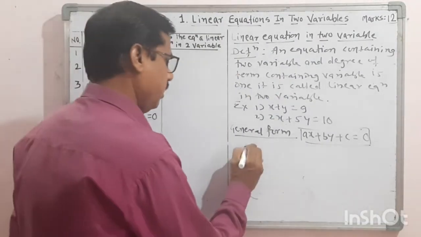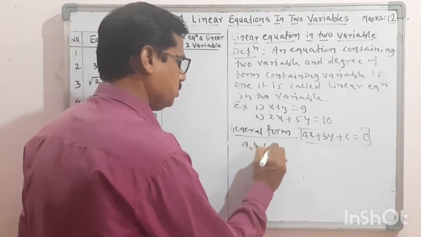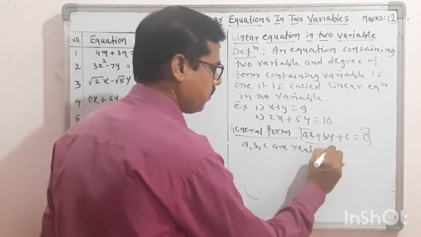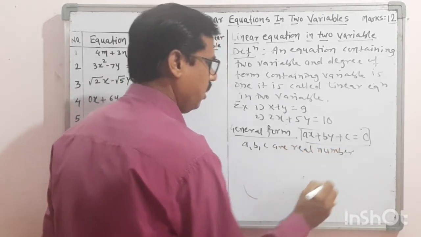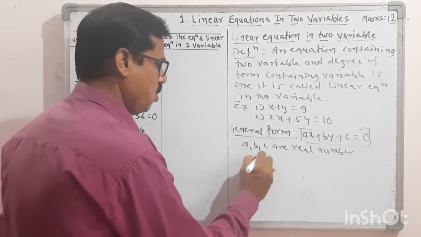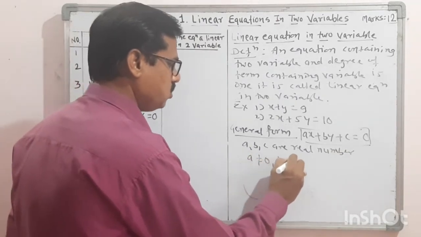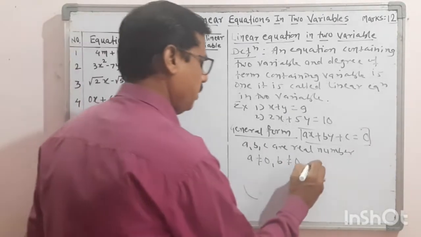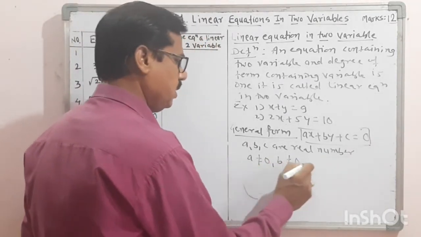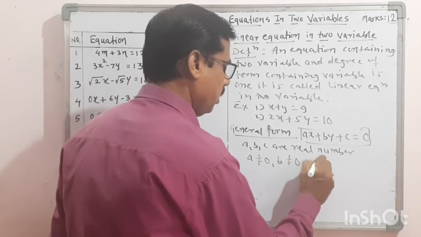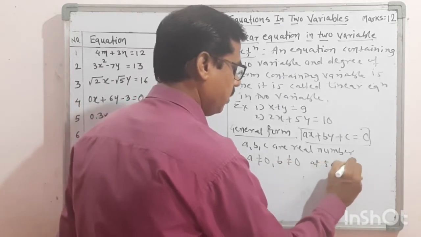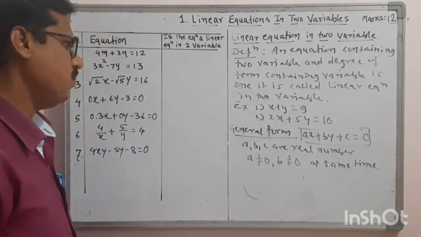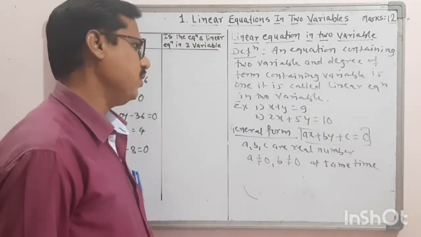Here a, b, c are real numbers, and a is not equal to 0 and b is not equal to 0 at the same time. Therefore, such type of form is called the general form of the linear equation.